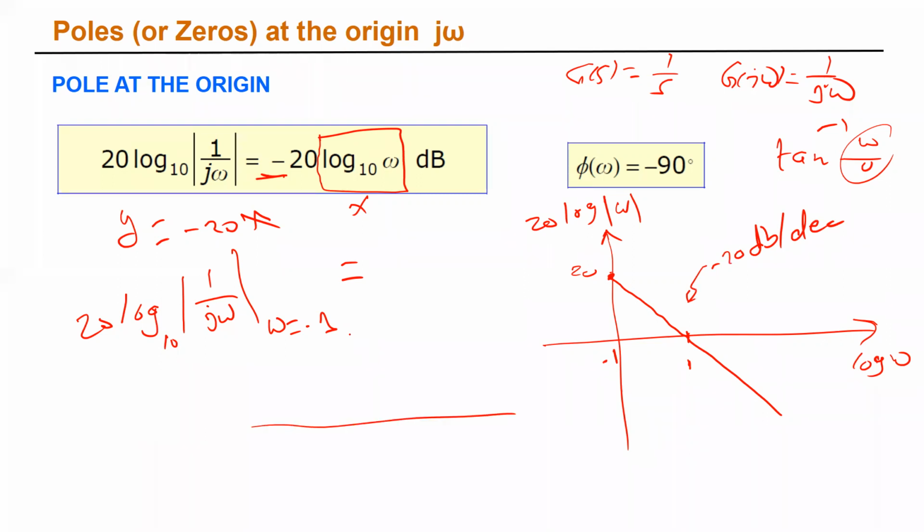Suppose I start at 0.01, and this is 0.1, and this is 1. What will be the 20 log of the magnitude? Minus 40. It's going to be 40, and then at 1 it's equal to 0, so this is basically what we have.